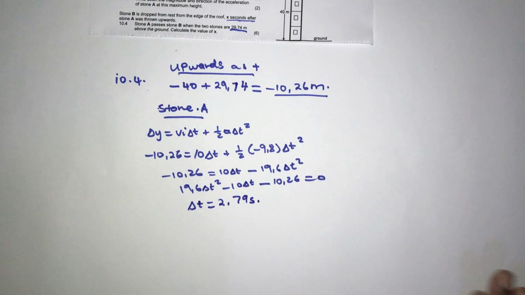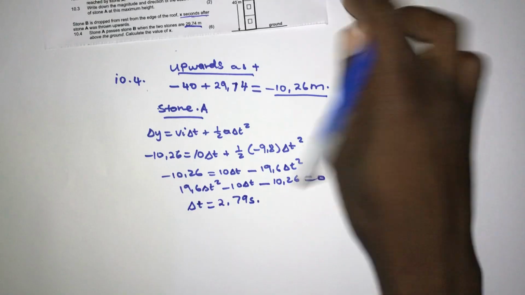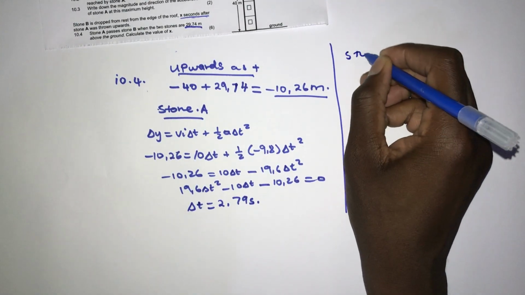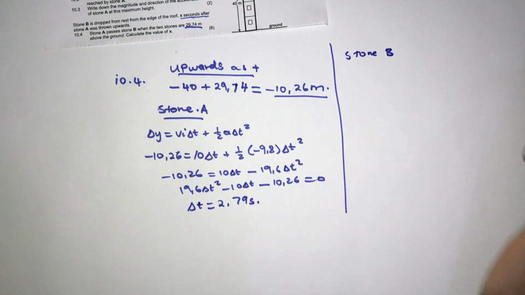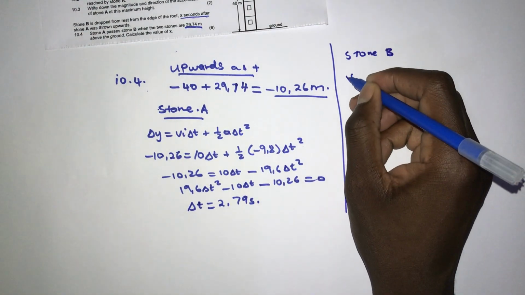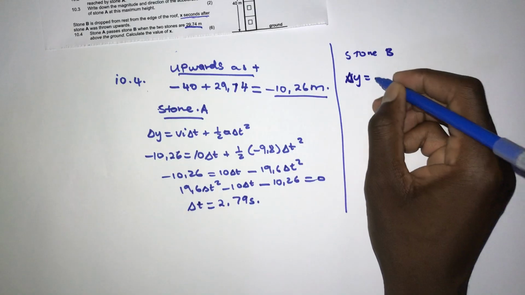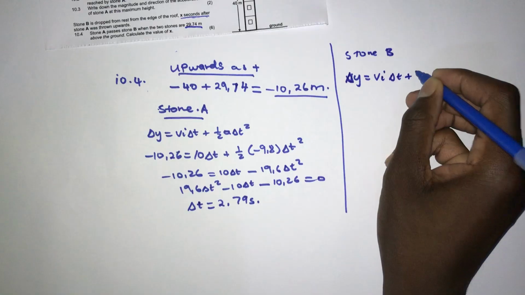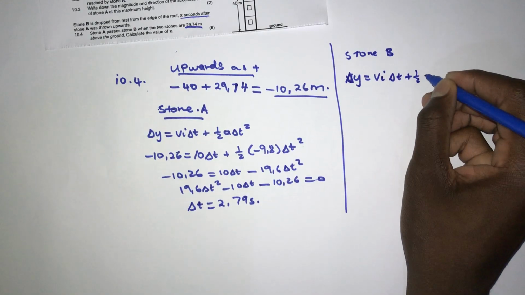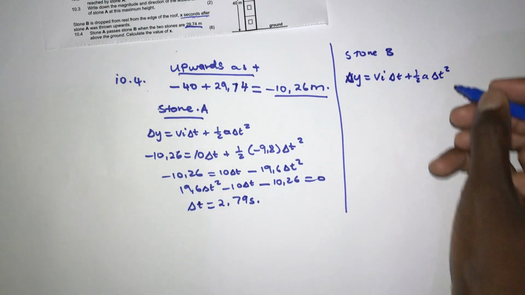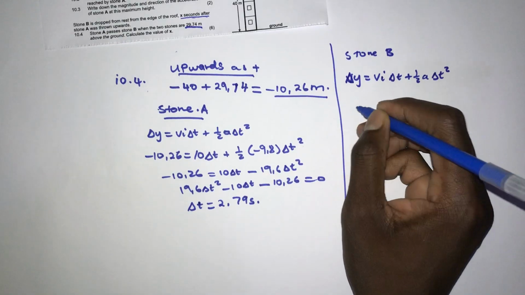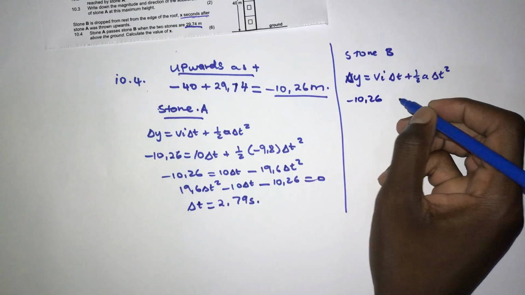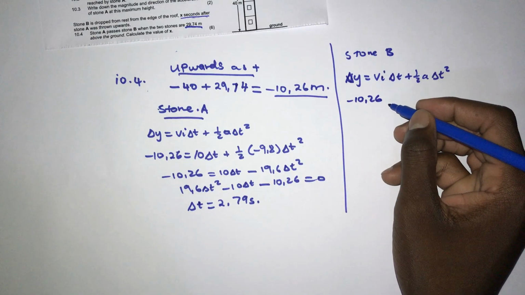Now we can move to stone B. For stone B, change in y is equal to vi change in t plus 1/2 a change in t squared. We're going to use the same distance, negative 10.26.